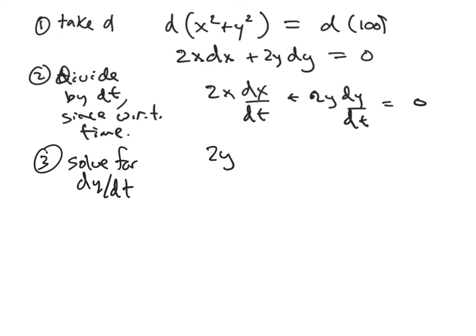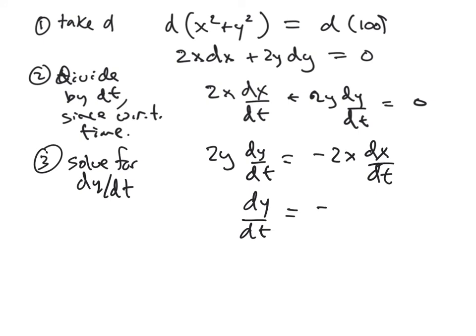We have 2y dy/dt equals minus 2x dx/dt. Notice that the rate is still sitting there. Earlier when we did implicit differentiation, we divided by dx, so that dx canceled out. Because we're dividing by dt, that still has a rate there. I'm going to skip a few steps here, and we get dy/dt equals minus x over y dx/dt.